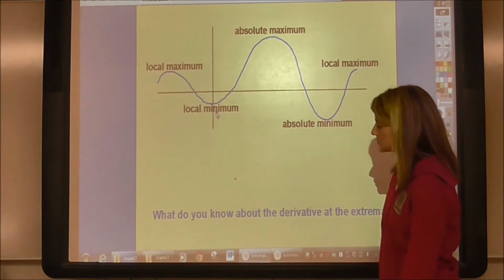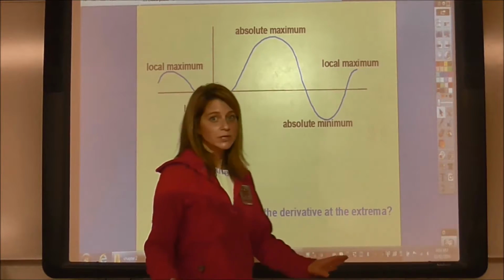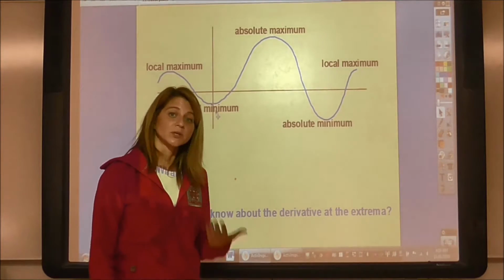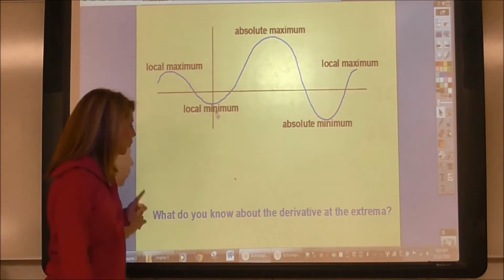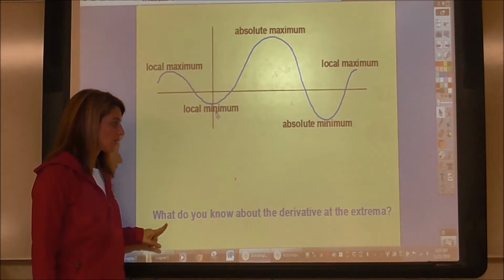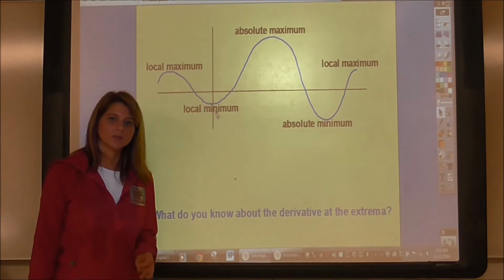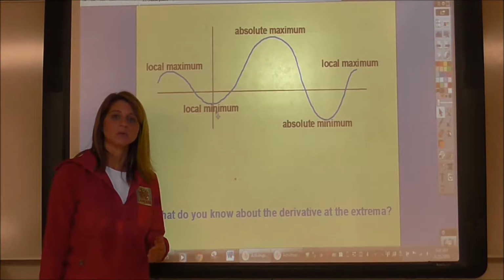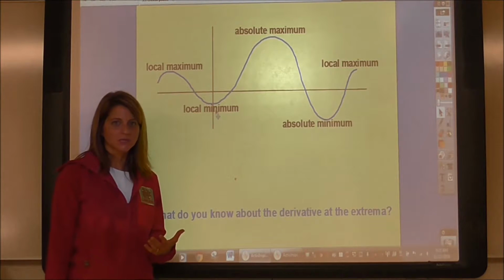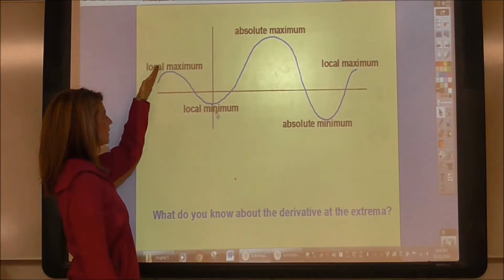All right. So just a thought. As you already know this, because I hope you're not rolling your eyes too much, look at this question down here. What do you know about the derivative at these extrema? What do you know about the derivative at these maximum and minimum points? So think about that tangent line that would kind of skim by.